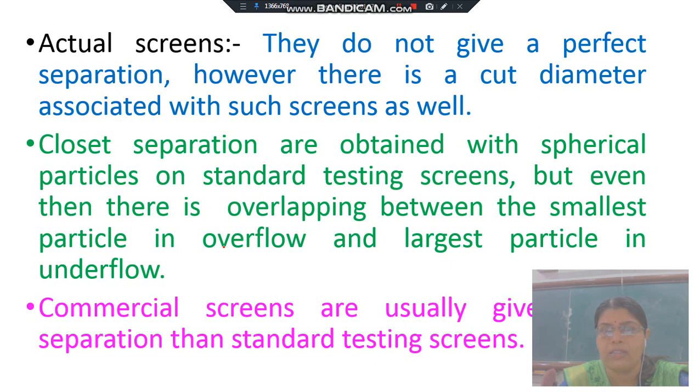In the ideal screen, we get the oversized material in the overflow and the undersized material in the underflow. But with actual screens, there are chances that some of the undersized material also goes into the overflow. And commercial screens usually give poorer separation than the standard testing screens.